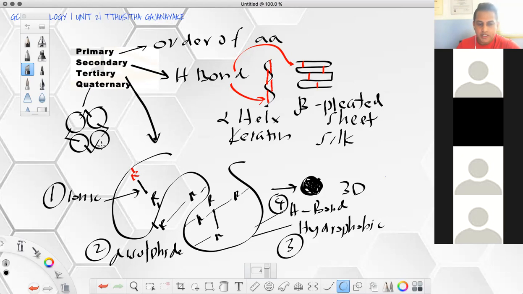So they can create a big structure. An example is hemoglobin. Hemoglobin has a quaternary structure. So that's how the four levels, primary, secondary, tertiary, and quaternary structure, exist in proteins.